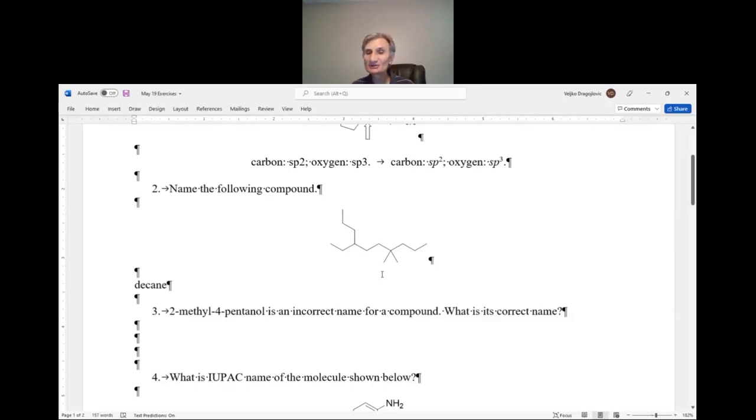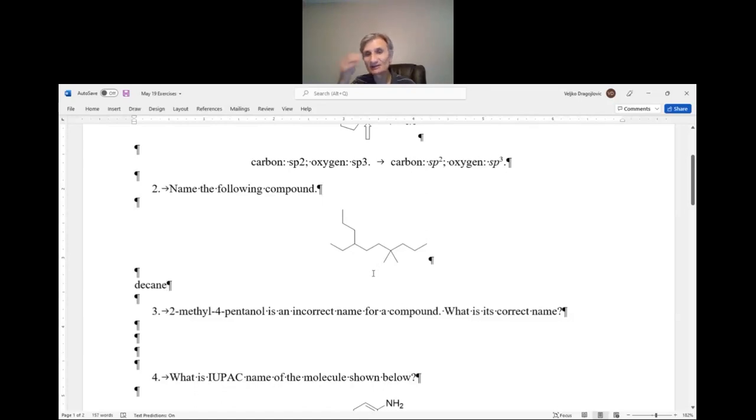Now, substituents should get the smallest possible set of numbers. Or actually, we can name substituents first. So if this is longest chain, then what are the substituents? Well, this is one substituent, 2 carbons, that's ethyl group. And these substituents are 1 carbon substituents methyl groups, and there are 2 of them. Substituents are listed alphabetically. So this is 2 methyls, it's dimethyl.